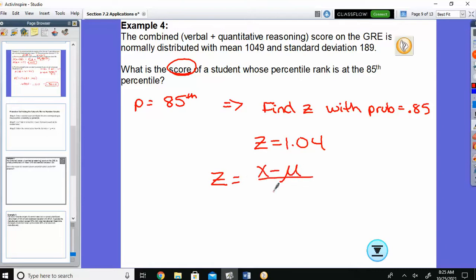So, we know that to find the z, that's your x minus the mean divided by the standard deviation. So the z is 1.04. We don't know the x. What was the mean? And our standard deviation? 189. All right, everybody find x for me. So go ahead and solve this.